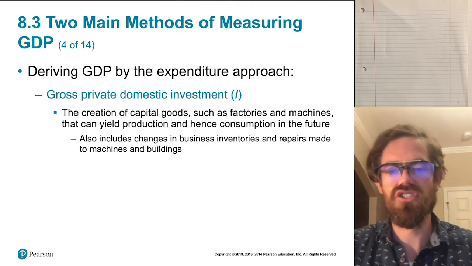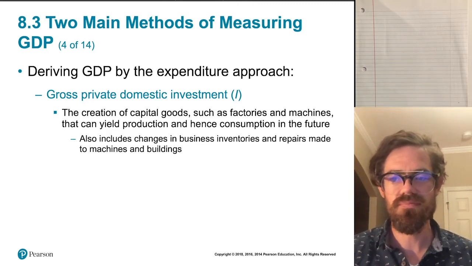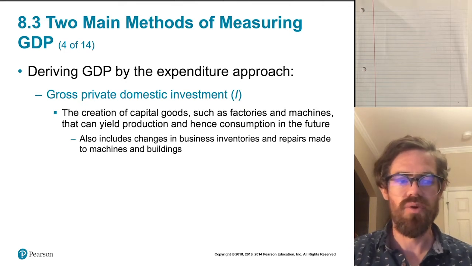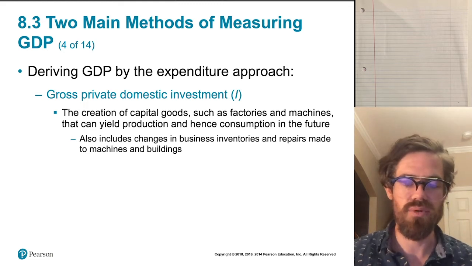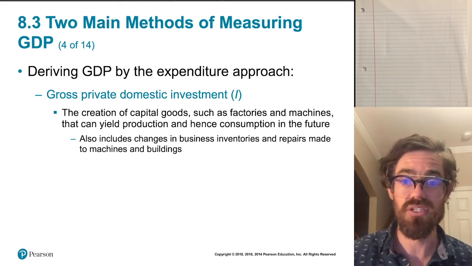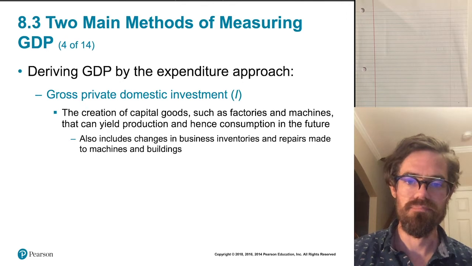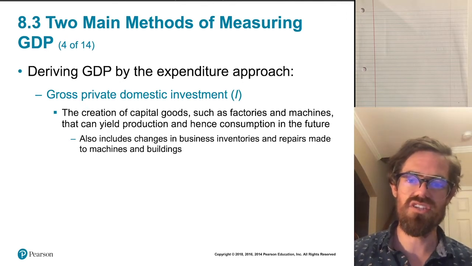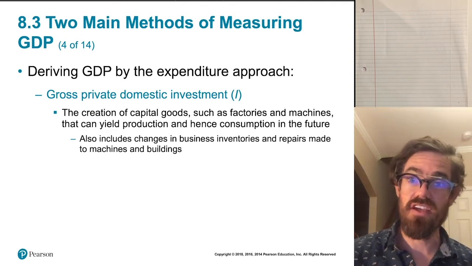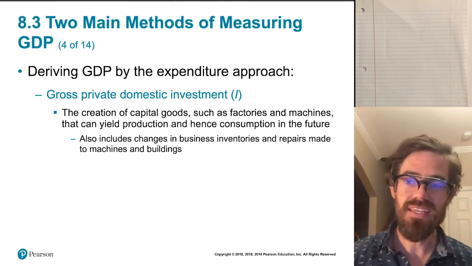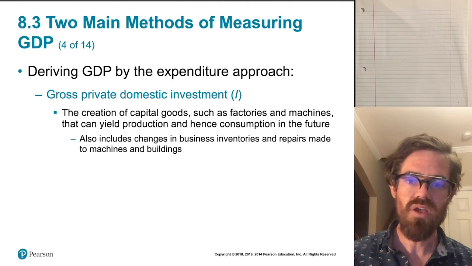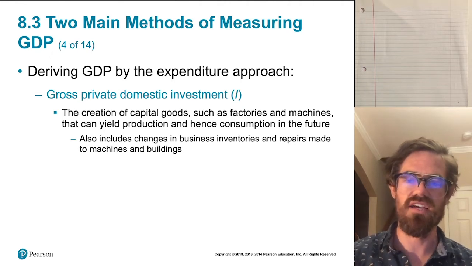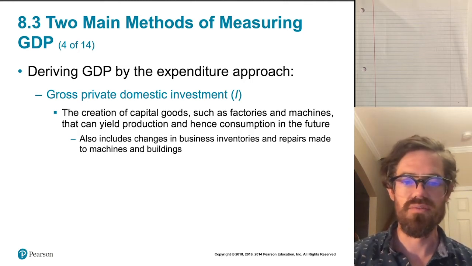It also includes changes in businesses' inventories. So when a car dealership increases the number of cars it has on its lot, that's an investment, right? It's increased its inventory of vehicles. When it reduces the number of cars it has on its lot, that's actually called disinvestment, or reduction in investment.